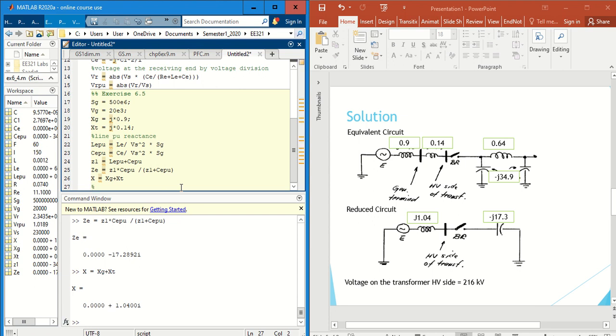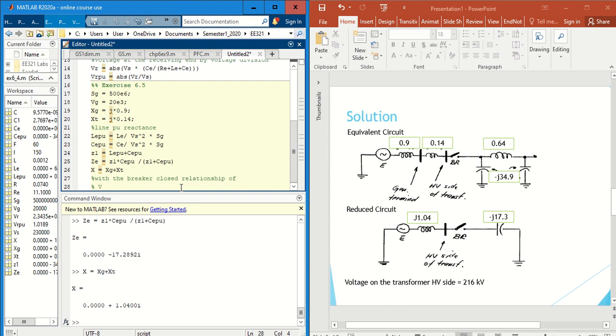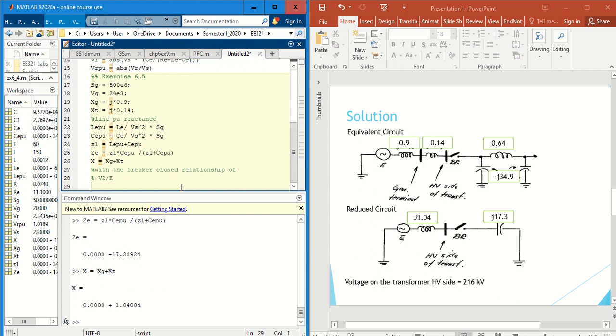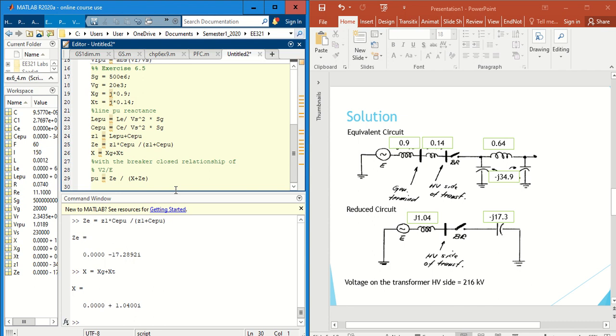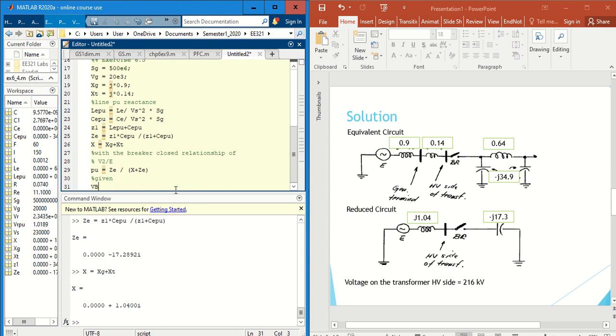So we are going to say, with the breaker closed, the relationship of V2 divided by E in per unit is equal to ZE divided by X plus ZE. Given, the question mentions that we are going to say VB is equal to 230 times 10 to the power 3.